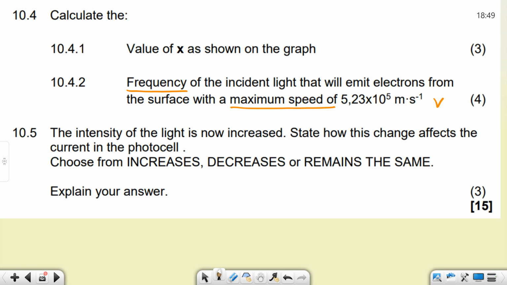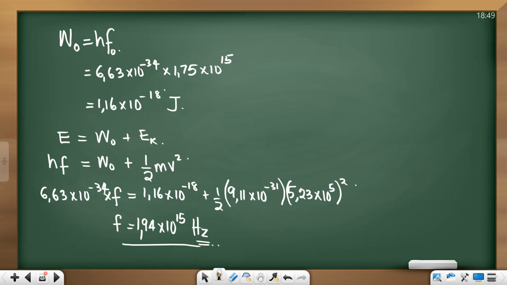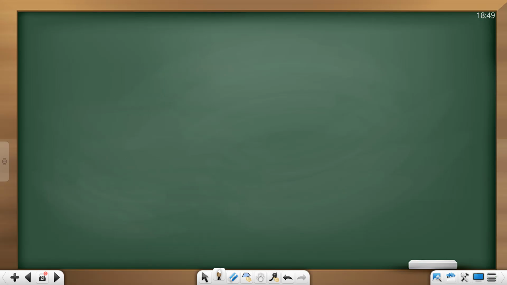Now, the last question will always refer to intensity. The intensity is now increased. State how this change will affect the current in the photocell. I've spoken about this severally, and I'm going to quickly do a crash course again. What does intensity refer to? Intensity refers to the number of photons.